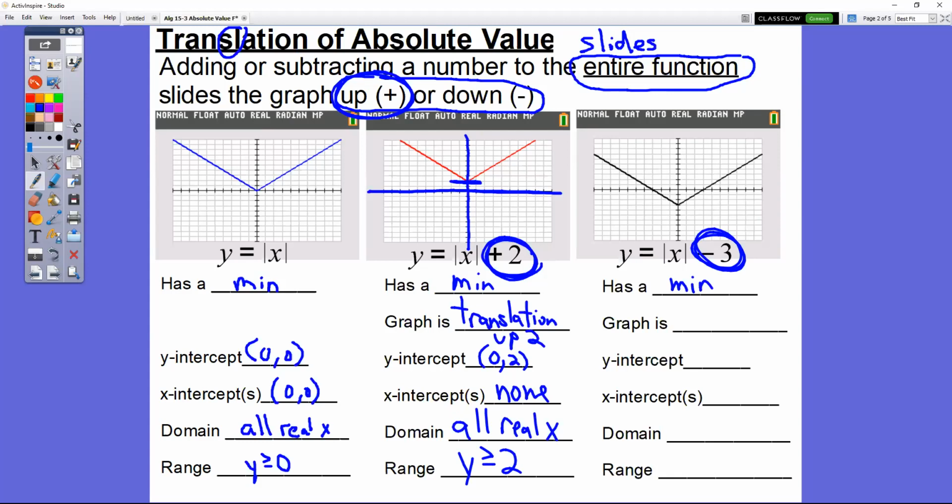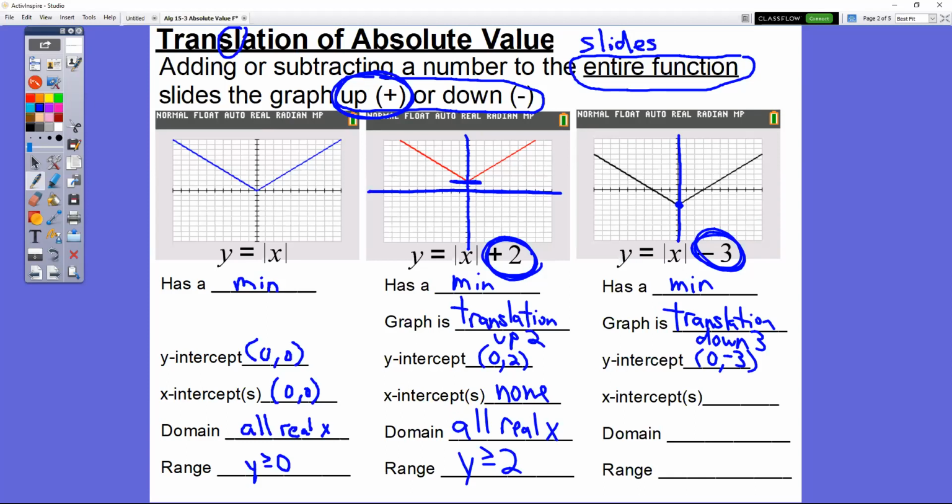The graph is a translation down 3, because we're subtracting 3. The y-intercept, where the line crosses the y-axis. It crosses it right at this point. That point is (0, -3).